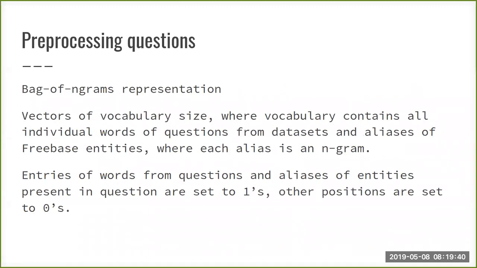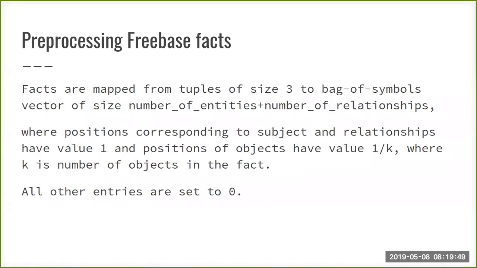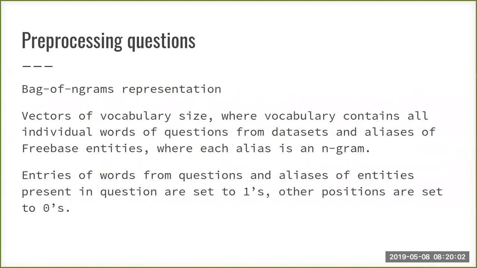For questions, they use a bag of n-gram representation. Maybe I made some mistake with the slides. I think they do encode the slices in the facts as well. Maybe they do not. Anyway, for questions, they would parse the question into words.